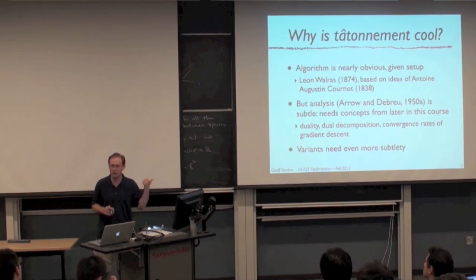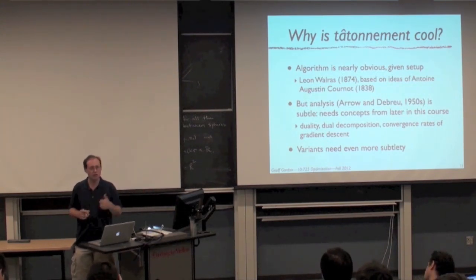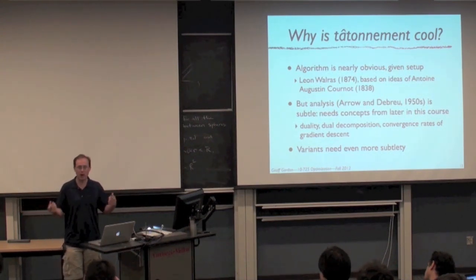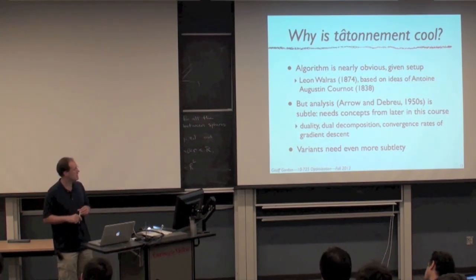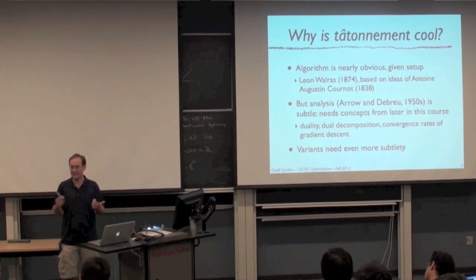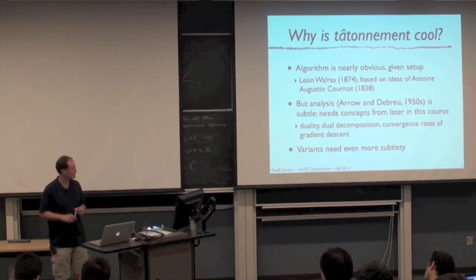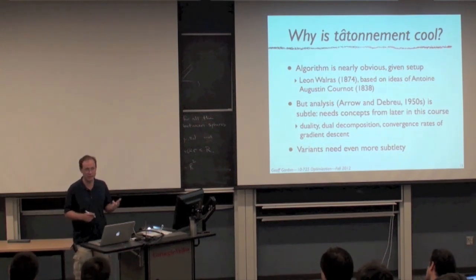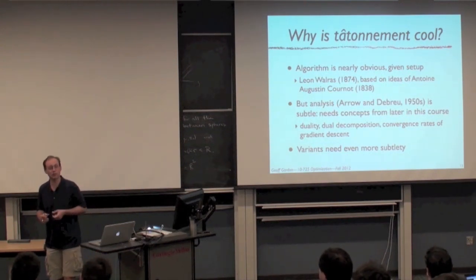For example, the idea of duality in optimization problems, dual decomposition, which is a way of making sure that you can break up a big problem into a bunch of smaller pieces, and convergence rates of gradient descent in different circumstances. And there are variants of the problem that need even more subtlety. For example, if you have indivisible goods.